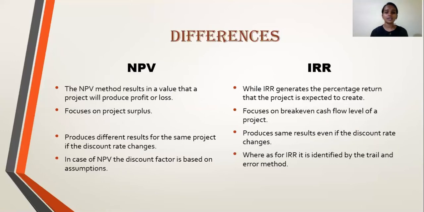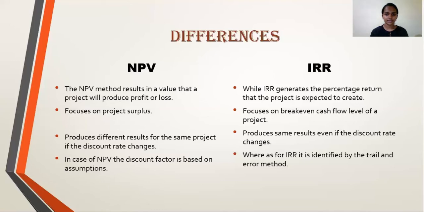But still, you tend to reduce a lot, or you tend to reduce a little. So the whole NPV discount factor is an assumption. When it comes to IRR, you don't have to make any assumption. There is the trial and error method for you. You can calculate it and identify IRR.